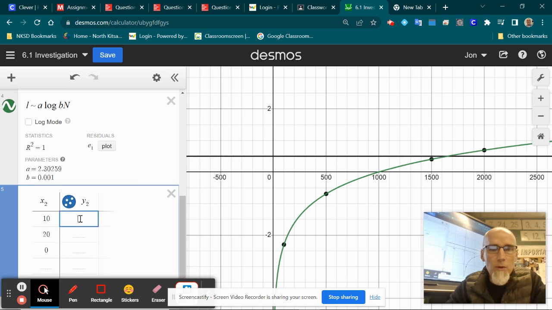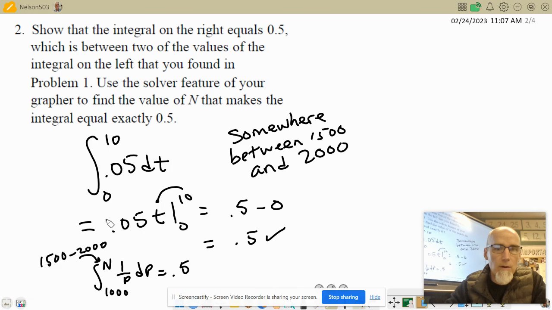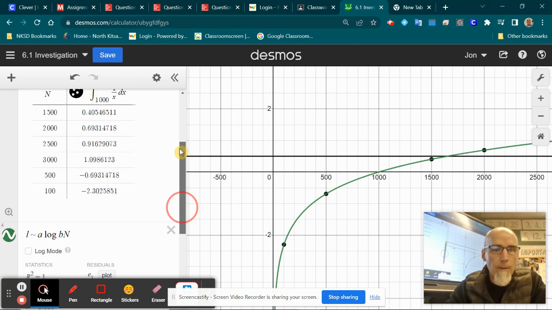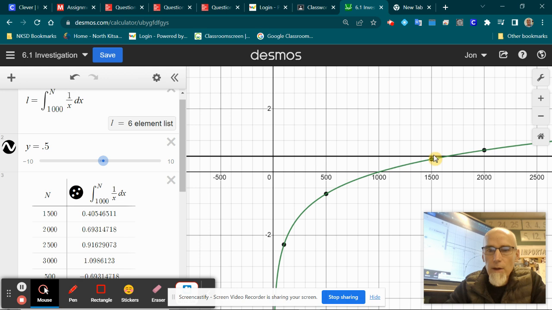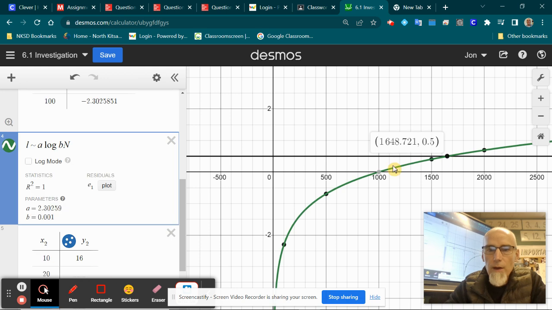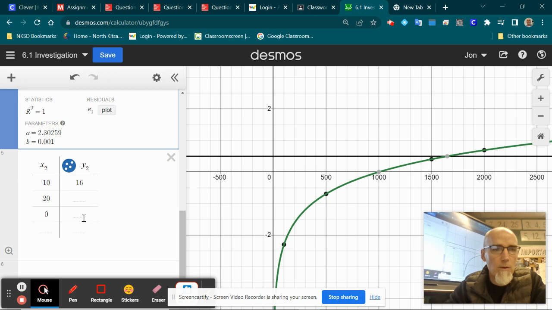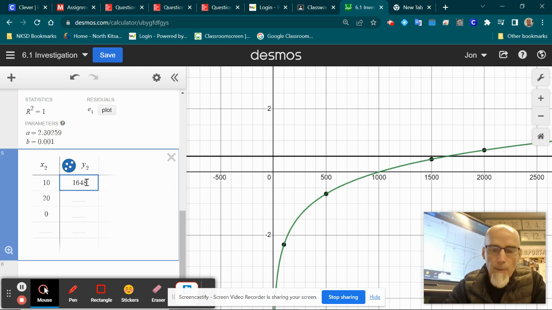So in problem number 3, they ask us to graph that. So I'm going to put that in at 1,648.721. All right, now we're going to do 20.